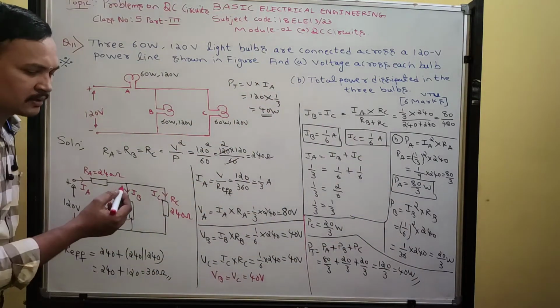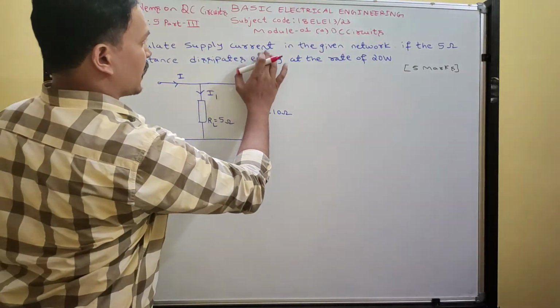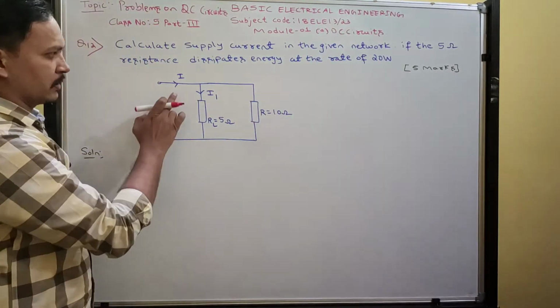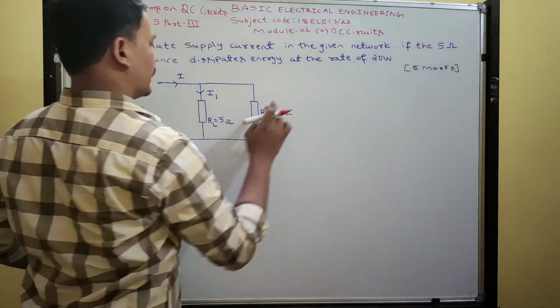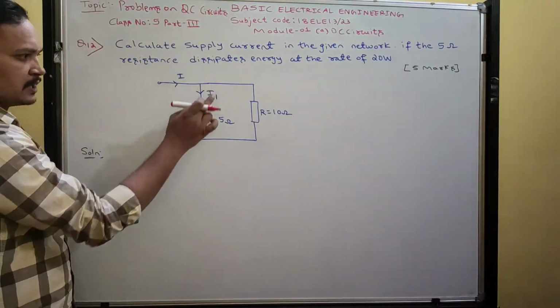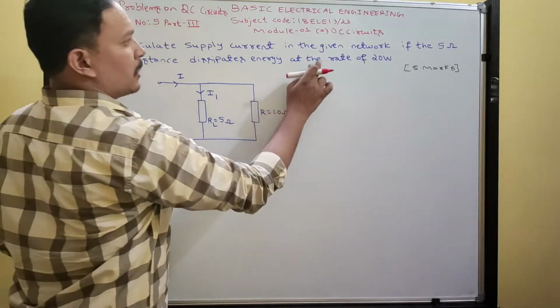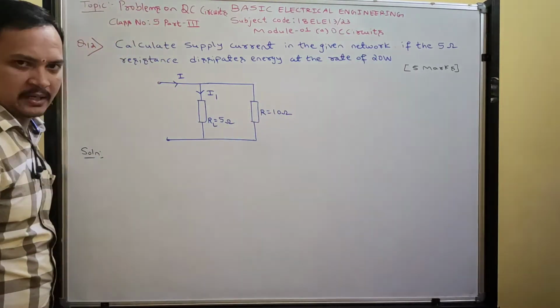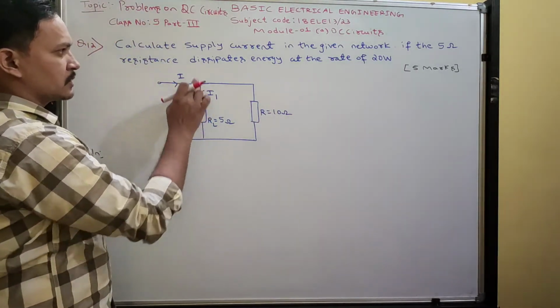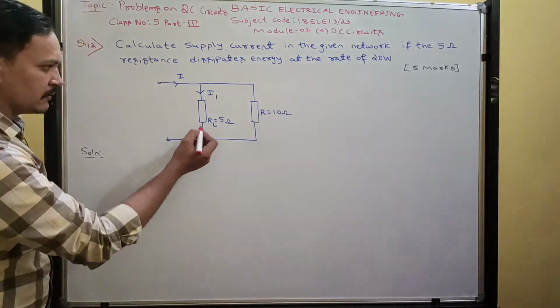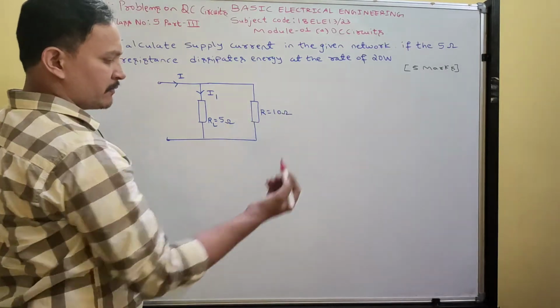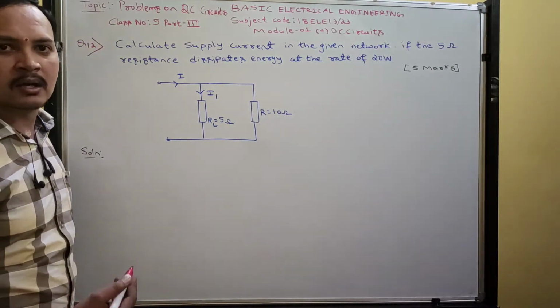Pause the video and then calculate the supply current in the given network. This is the supply current; you should calculate this current. The 5 ohm resistance dissipates energy at the rate of 20 watts. What do we mean by power? The rate of doing electrical work.